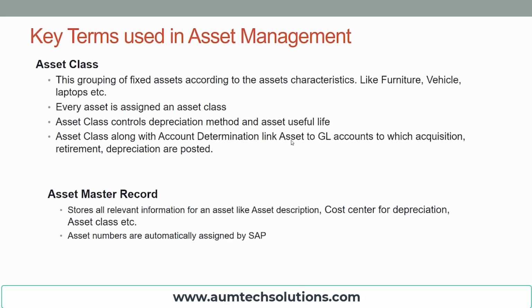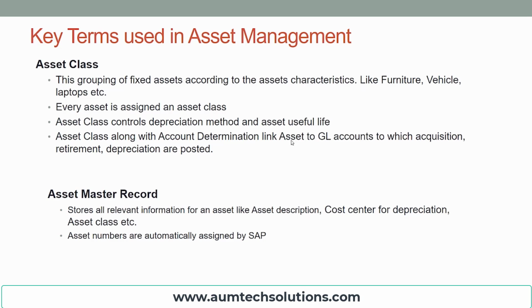So let's read what the asset class is. Asset class is a grouping of fixed assets according to the asset's characteristics, like furniture, vehicle, laptop, etc. Every asset is assigned to an asset class. The asset class, very importantly, controls the depreciation method of the asset. In the asset class, there is something called account determination, which is assigned to the asset class when we create it, and to the account determination we have the GL accounts linked.